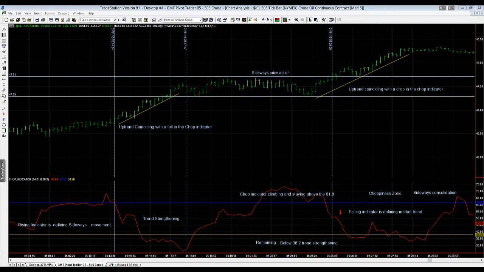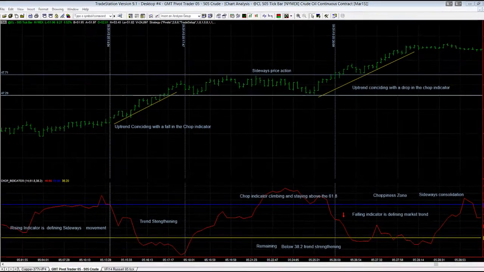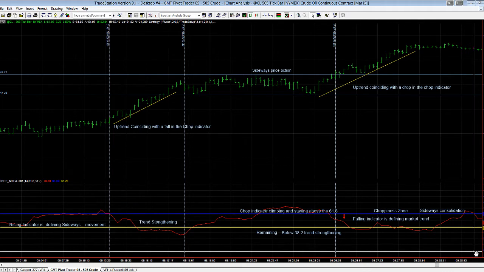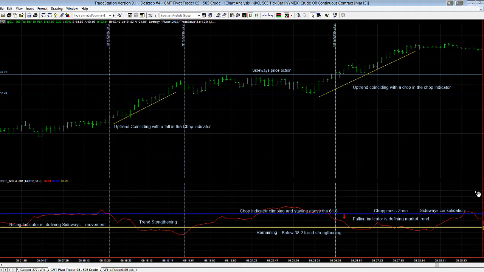So just to go through the basics again, we know that the chop indicator is an oscillator. It's a range bound oscillator, and it has values that fall within a range of 0 to 100. So you can see on our chart here, if we really tighten this up, we've got 0, and then our highest point is 100.